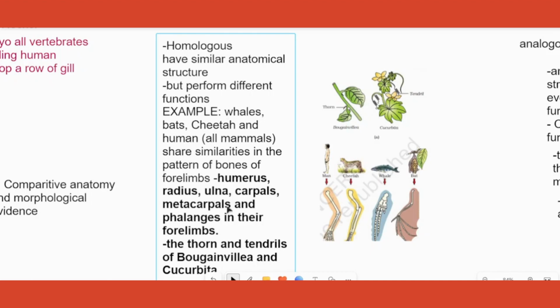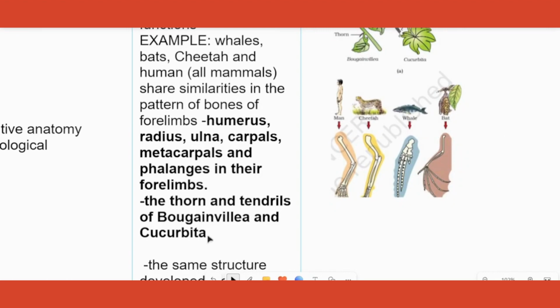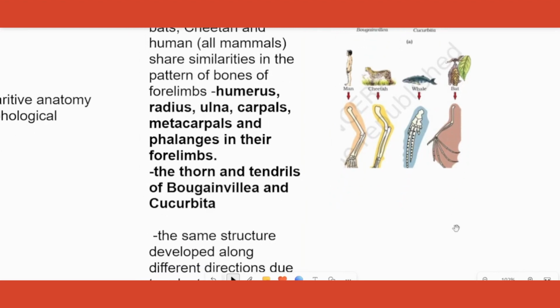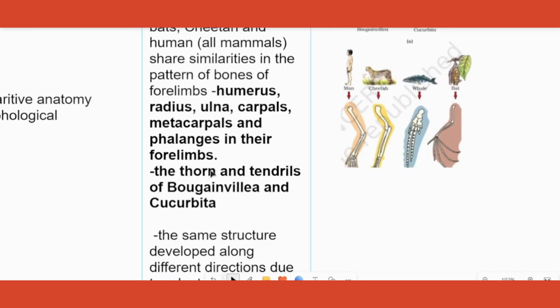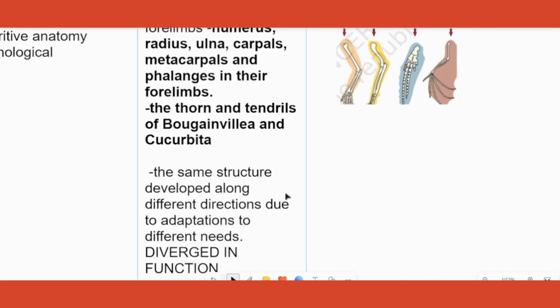Examples you have to learn thoroughly because this is what they ask the questions from. Another, in case of plants, you find thorn and tendril. Anatomically, they are same. However, their function is different. Thorn is to fend off predators and tendril is for helping the plant to grow around a particular stem or something like that. Now, what is it all showing?